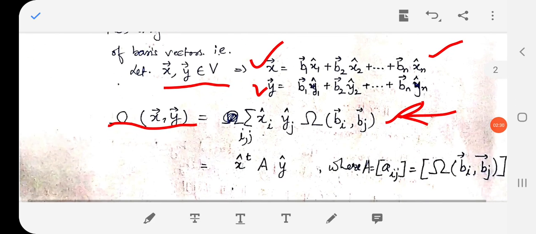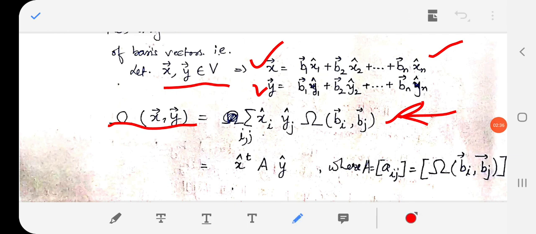So if you see it, the idea is that you can represent this particular thing as a matrix multiplication, because all these things can be written as vectors. So this x hat can be written as a vector, y_j hat can also be written as a vector, and this omega can be written as a matrix like this.